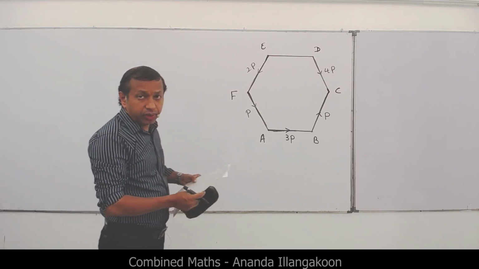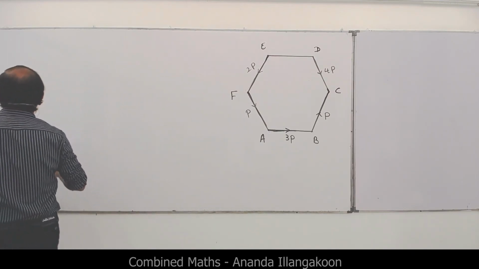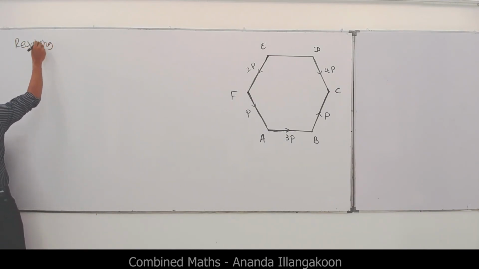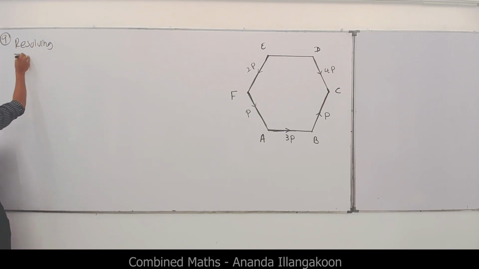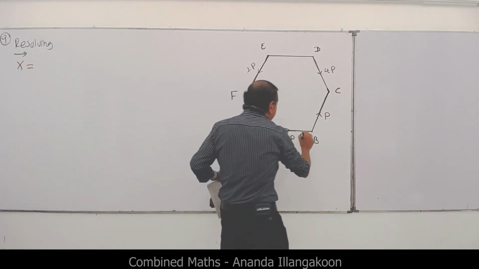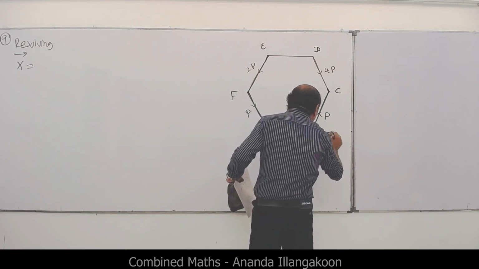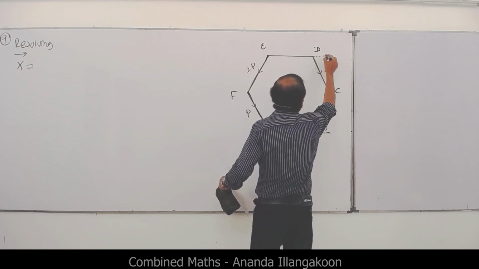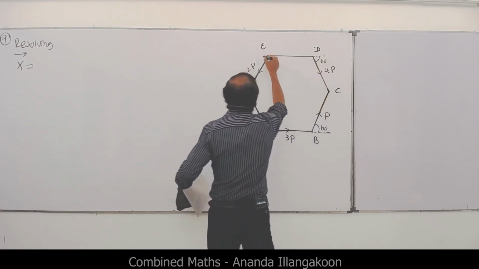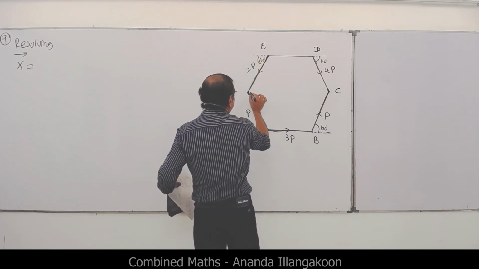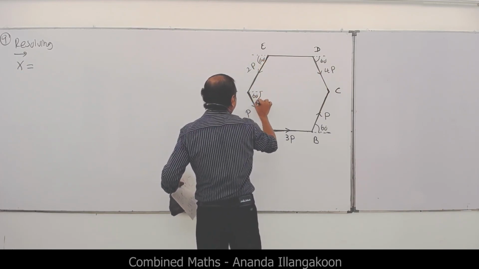We'll take the algebraic sum as X, resolving this way. We take X. This exterior angle of a regular hexagon we know is 60, this also 60, this also 60, this also 60.